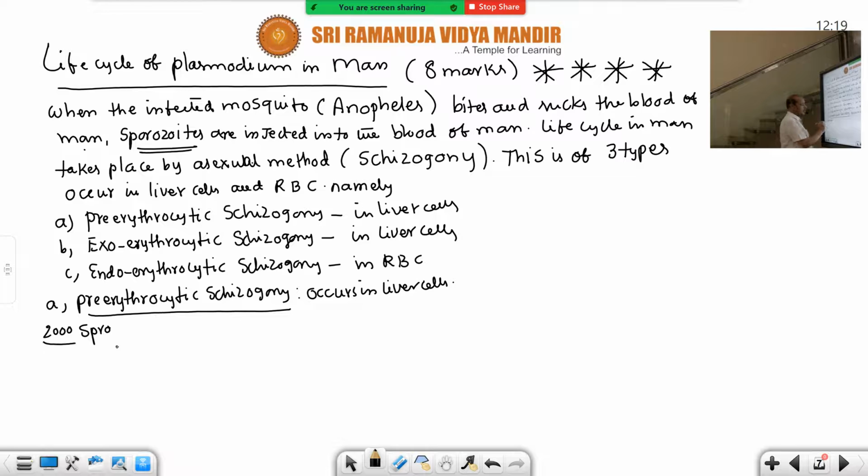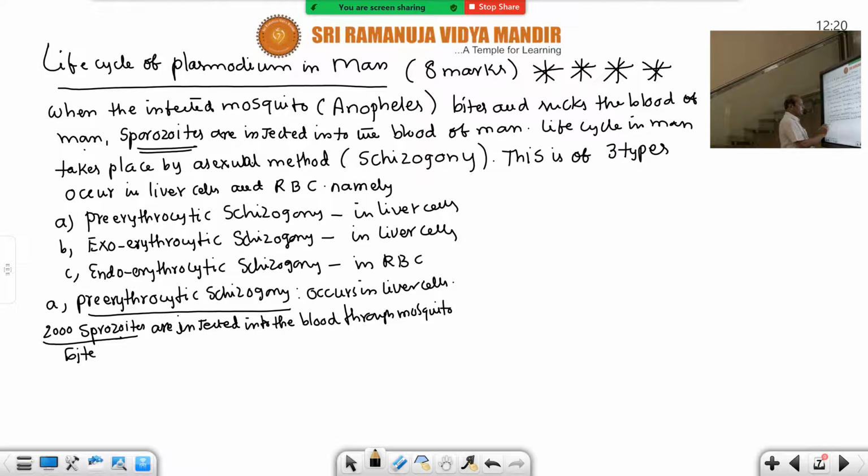Write down that point. 2000 sporozoites are injected into the blood through Anopheles mosquito bite.